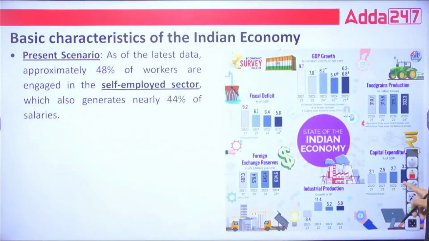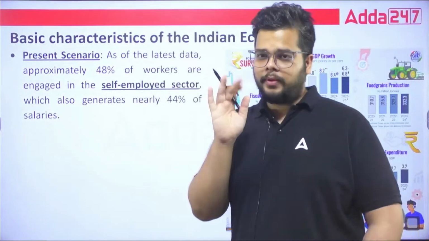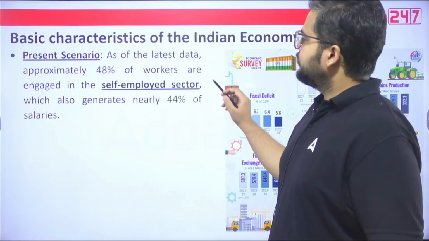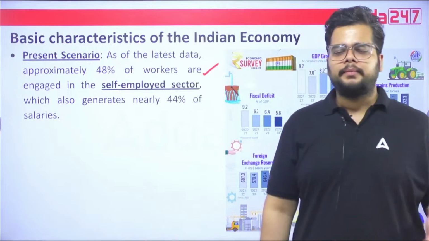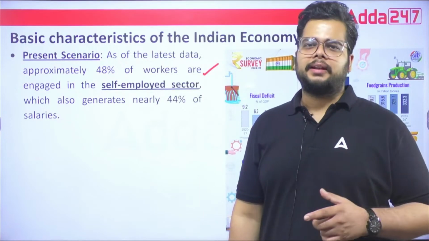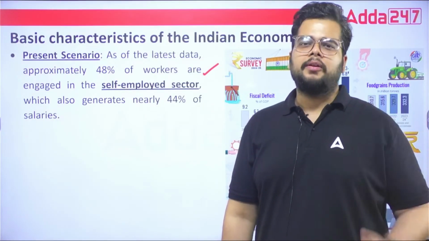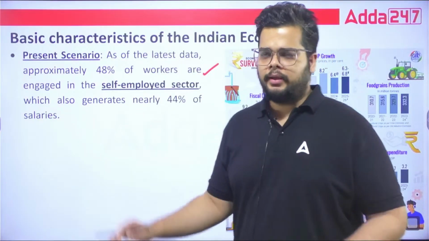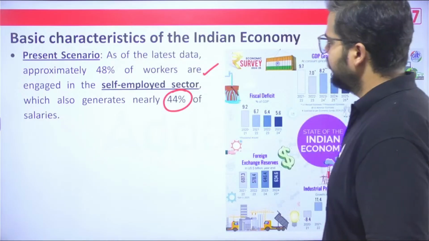Fine. Basic characteristics, some more important points which you need to remember for the examination. First of all, that in the services sector, you will find the maximum GDP growth. Right now in India, you will see that one sector which is contributing towards the maximum GDP of our country, it is the services sector, and it generates nearly 44% of the salaries.